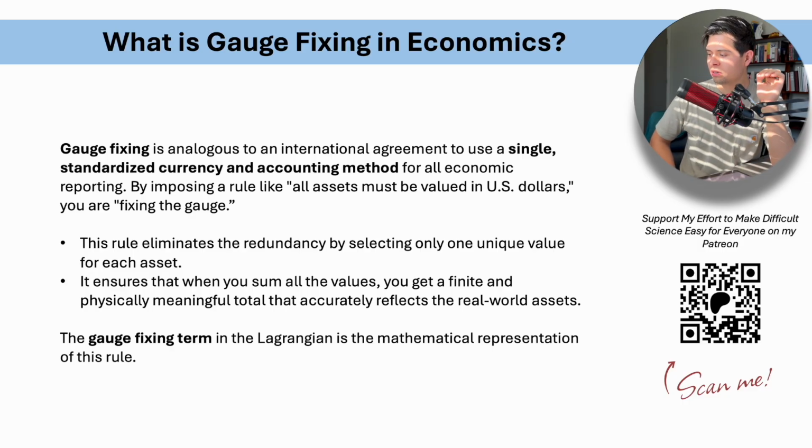It ensures that when you sum all the values, you get a finite and physically meaningful total that accurately reflects real-world assets. All right. The gauge fixing term in the Lagrangian is the mathematical representation of this rule. All right. Now let's start getting into the physics.